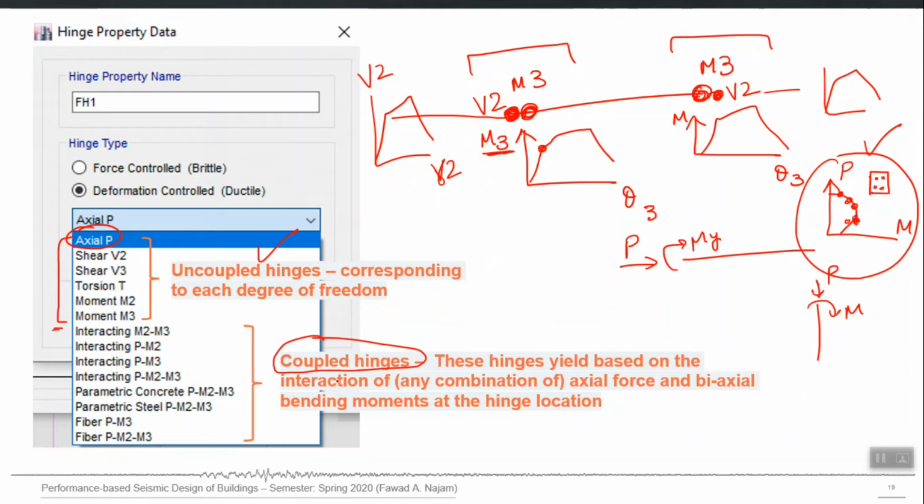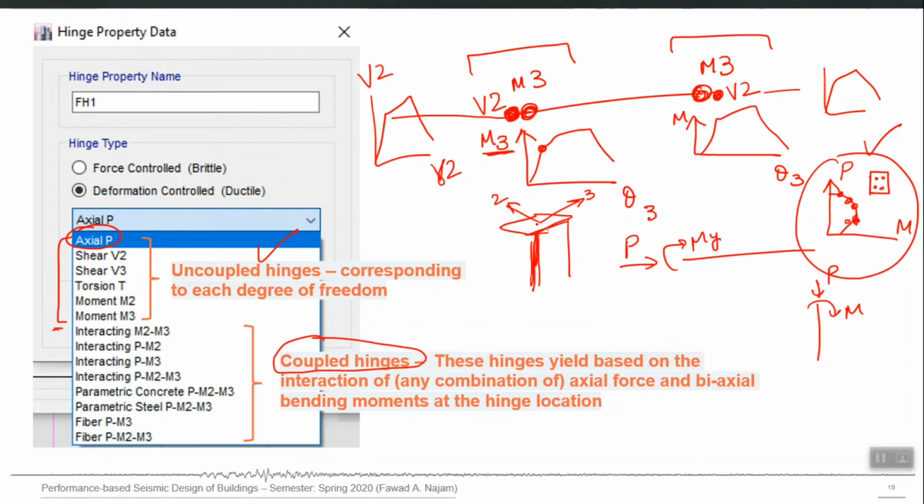Now there can be two bending moments and one axial load, right? In columns, two primary bending moments M2, M3 can be of interest, and one axial load is there. So for a three-dimensional column, let's say this is our column, and let's say these are the two cross-sectional axes. This is, let's say, 2 axis, this is 3 axis.